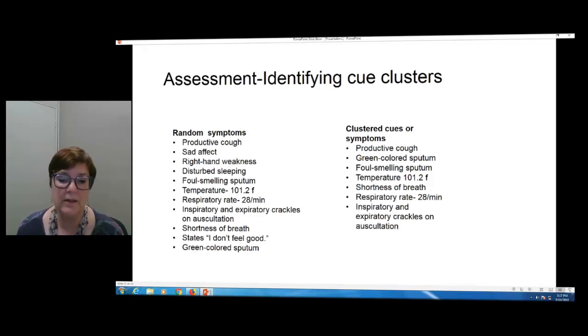You're listening with a stethoscope and you can hear crackles. I probably should have put coarse crackles right there. They have shortness of breath and they state, I don't feel good. And you also note that the sputum is green colored. So here you have random symptoms. They're all in the same patient, but there's just a mixture of different symptoms.